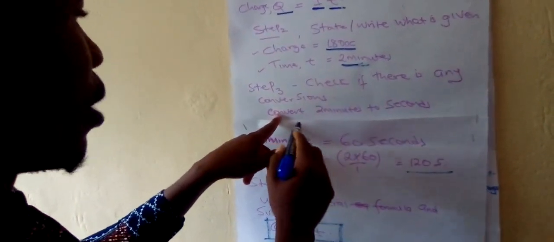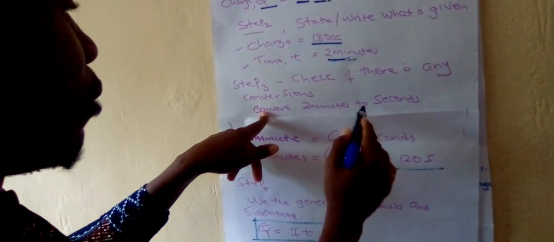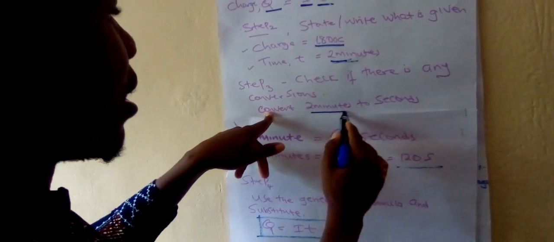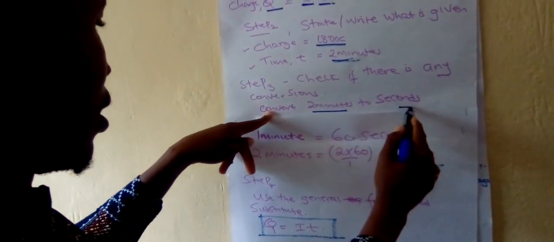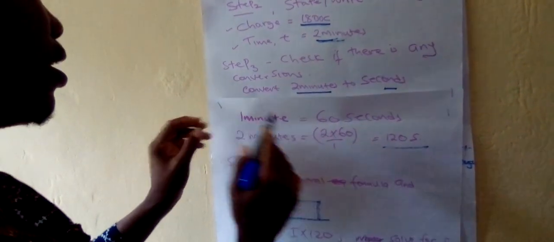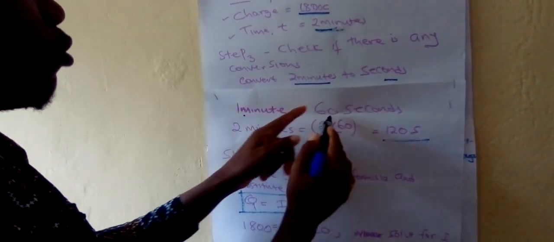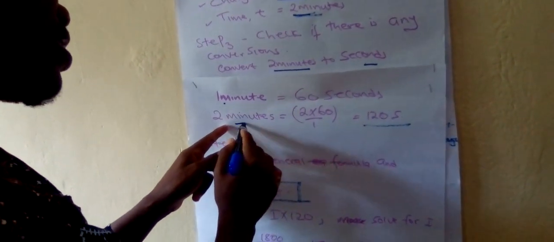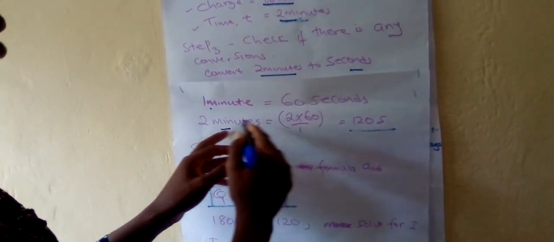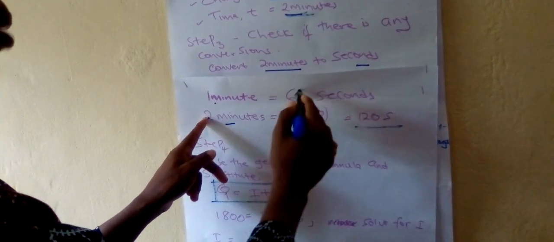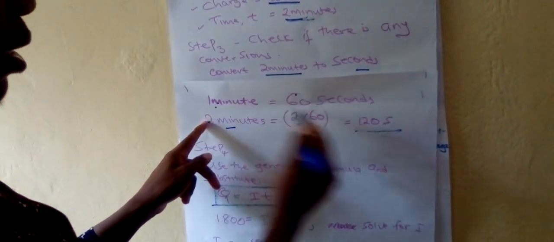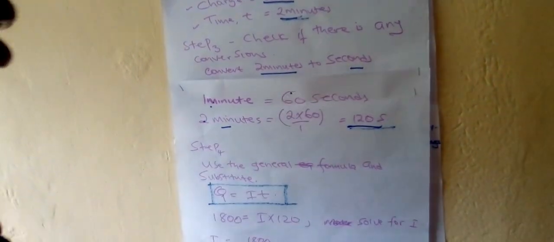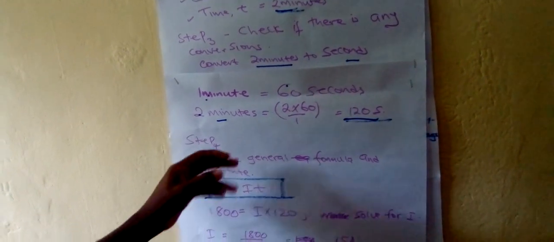So here we have time in minutes, so we have to convert 2 minutes to seconds. 1 minute is equal to 60 seconds. Then 2 minutes will equal 2 times 60 over 1, giving us 120 seconds.